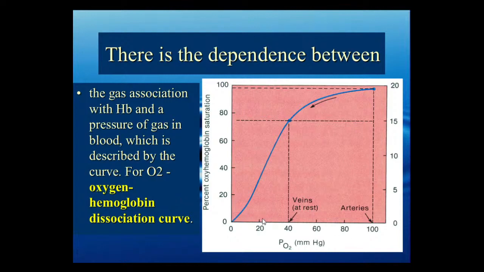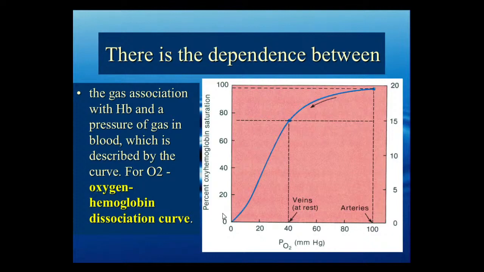This curve describes processes which occur in lungs. It's such part of this curve where we have the highest partial pressure of oxygen and partial tension of oxygen in arteries, approximately 100 millimeters of mercury for oxygen.